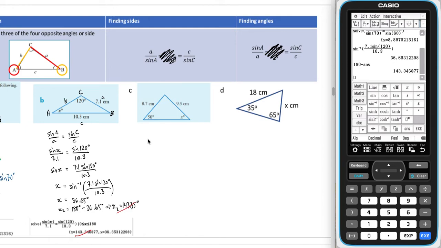A, B, C. We don't have C's here, so we're just going to be using our angle formula with the A's and B's. And I'm just going to solve that in my ClassPad.